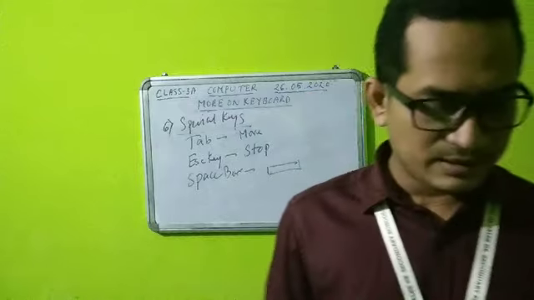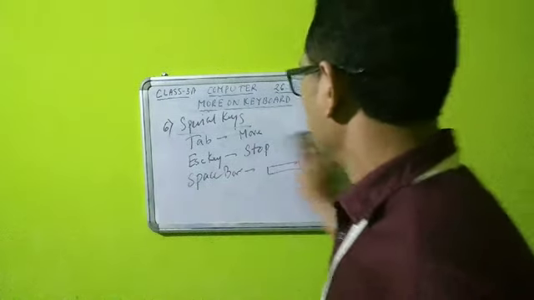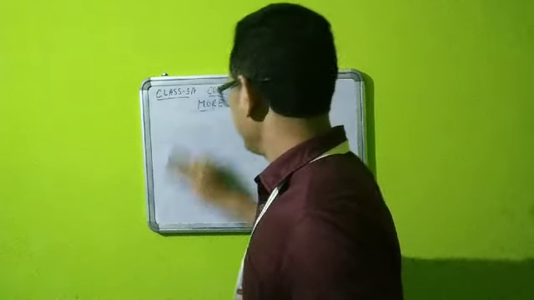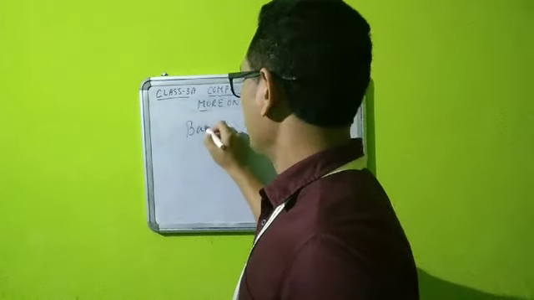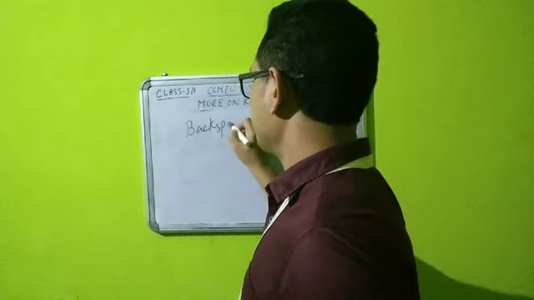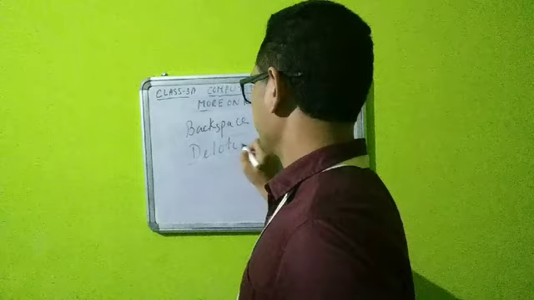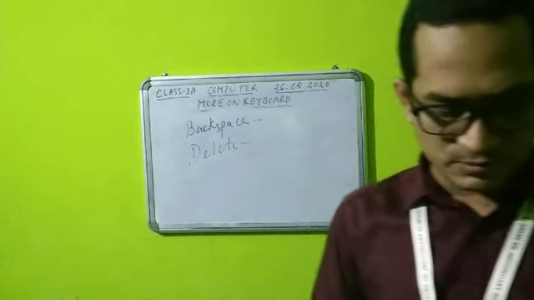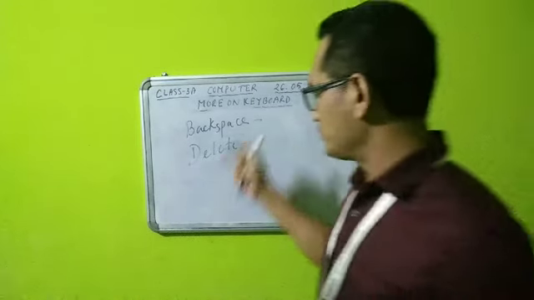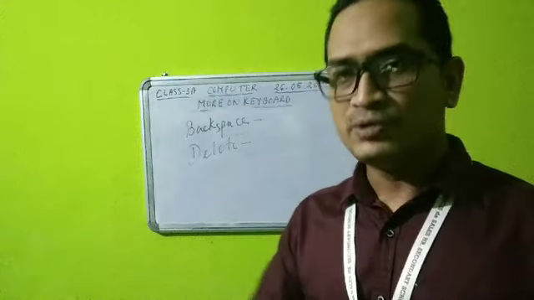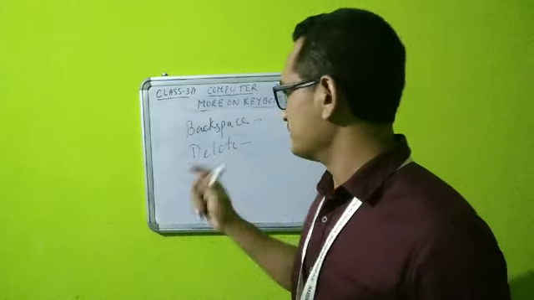Then the next one is backspace. Now students, backspace and delete are two keys actually, so I will discuss them together. What is the use of these two? Basically, both work the same way, to remove something, but there is a difference.